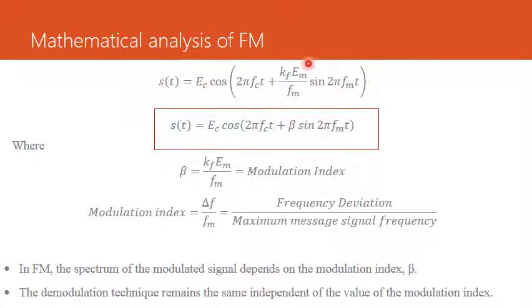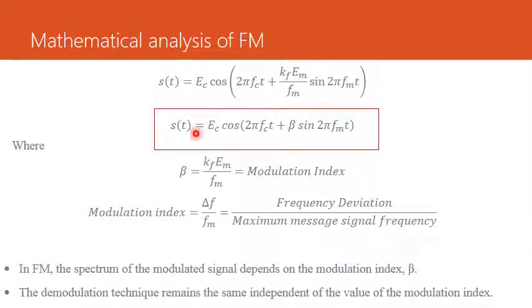Now for ease of analysis, we can define the modulation index beta. Beta represents the frequency change. So this beta is equal to Kf into Em divided by Fm. This term represents the modulation index. So for FM, the modulation index is termed as beta.